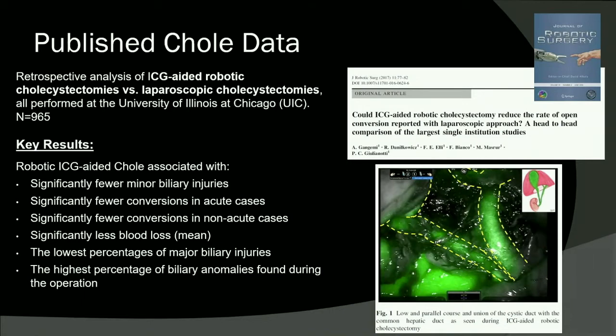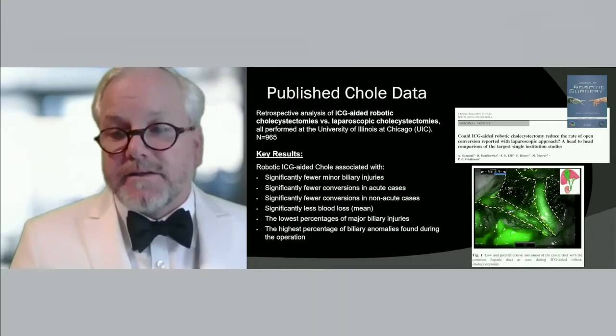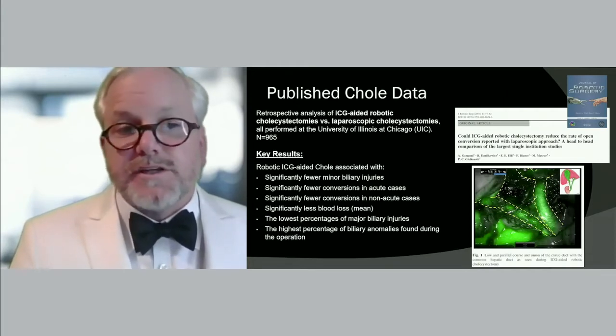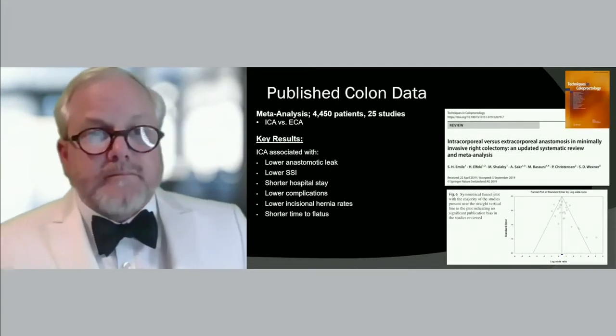Again, there's another example of lower open conversion with the robot versus lap. And less blood loss, although I can't imagine blood loss is that big of a deal with gallbladder surgery. But there were really lower biliary injuries altogether, and it allowed them to see aberrant biliary anatomy, which normally you don't see. And that happens a fair amount.